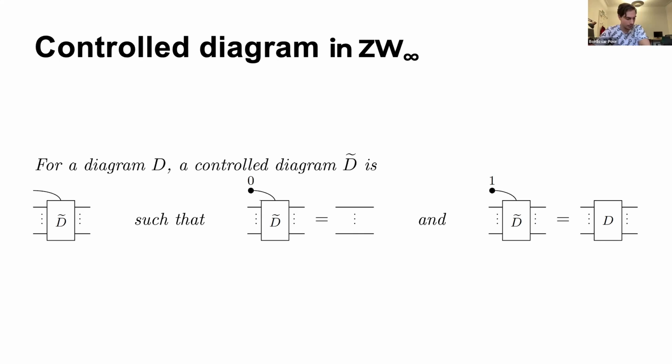Sorry, could you repeat? Oh, yeah. I was wondering, is it possible to generalize this notion to define a qubit-controlled qudit gate? Basically, you have a mixed system. I see. That's actually a very interesting question. In the frameworks you have seen throughout this presentation, you cannot do this because all the wires have the same dimension, D, or infinite, for that matter.